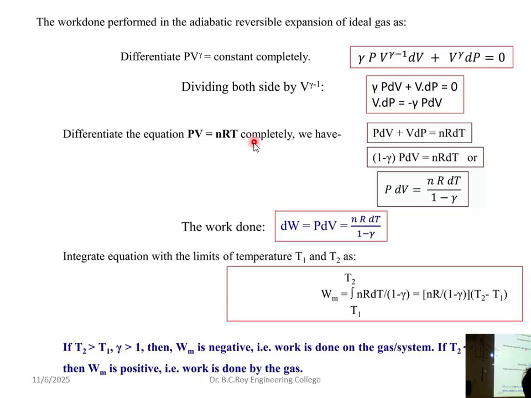But PV equal to nRT is always true, whether adiabatic or isothermal. But T is not constant. So if you do the differentiation, what do you get? PdV plus VdP equal to nRdT. T is varying, it is not constant. So you are getting nRdT. Next is this relation we are applying.